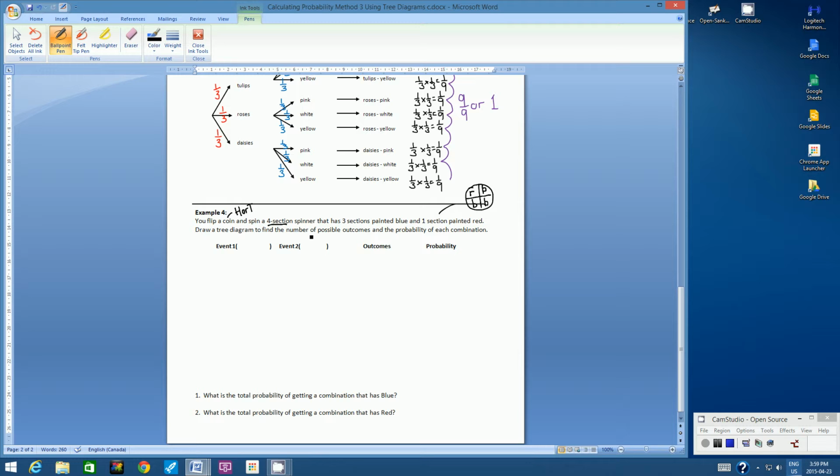Okay? All right. So I want you to figure out what this tree is going to look like. The first event, coin, we have 2 options, 2 outcomes. And then the second event, the spinner, we have 4 outcomes. So I want you to press pause here. Make sure you've got your short ruler and pencil, and I want you to map out what this tree diagram is going to look like. Okay, press pause here.